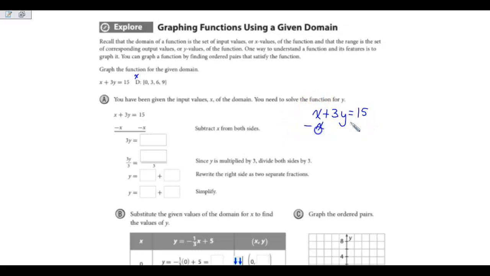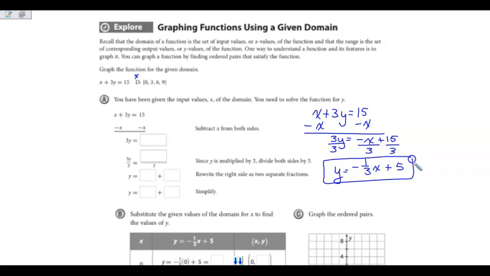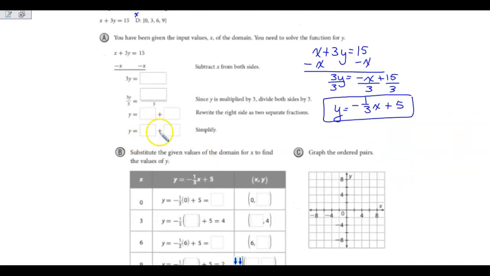So I'm going to subtract x, and I'm going to have 3y equals, and because I like the x in front, I'm going to just move down my minus x plus 15, and then to get y by itself, I divide everything by 3. And I'm going to get y equals negative 1/3 x plus 5. So this is going to be my function that I'm going to use.